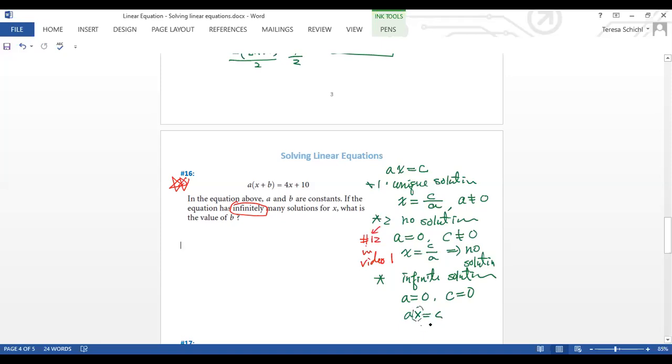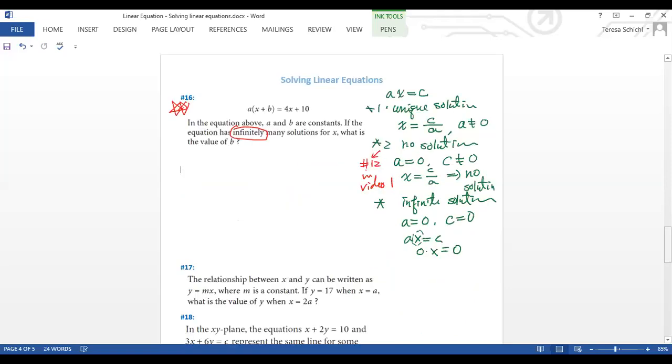It's 0 times x equal to 0. So x can be any number. That's why x has infinite solutions. Like I said, the whole package about solving linear equations is very easy. These are the places I think are a little hard and you need to be very careful, okay?